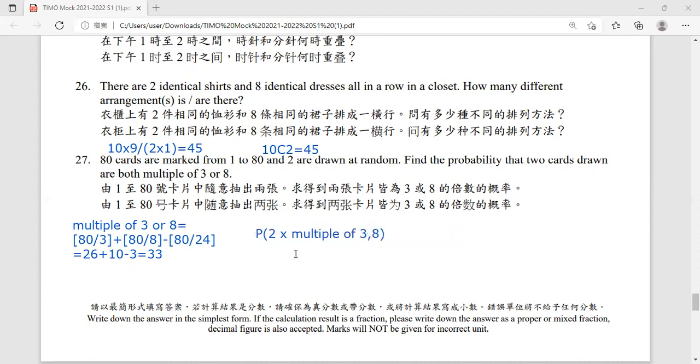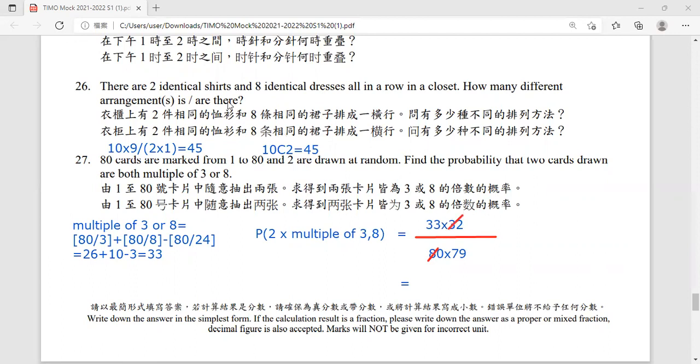Which is equal to what? We have drawn 2 cards, so this is 80 times 79, because you are not putting it back. And this is 33 times 32. So you just do some simplification before you multiply.